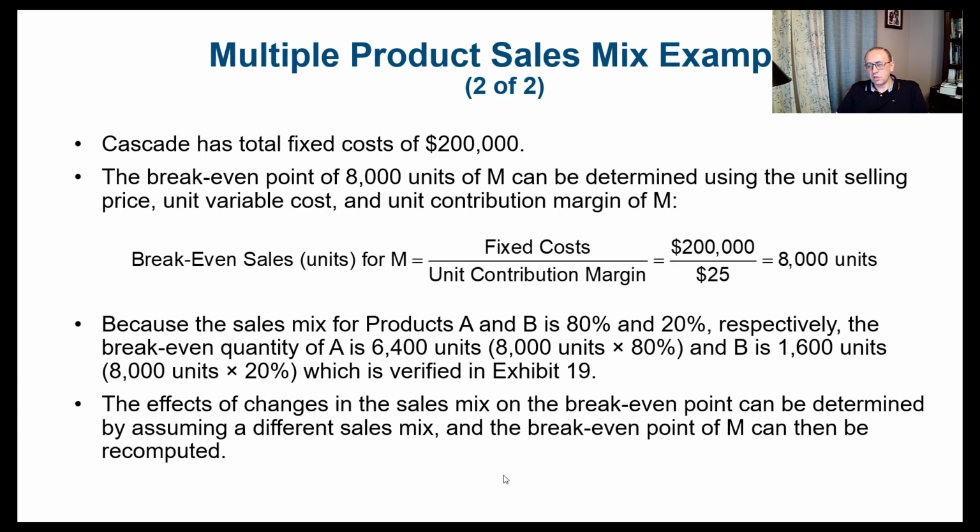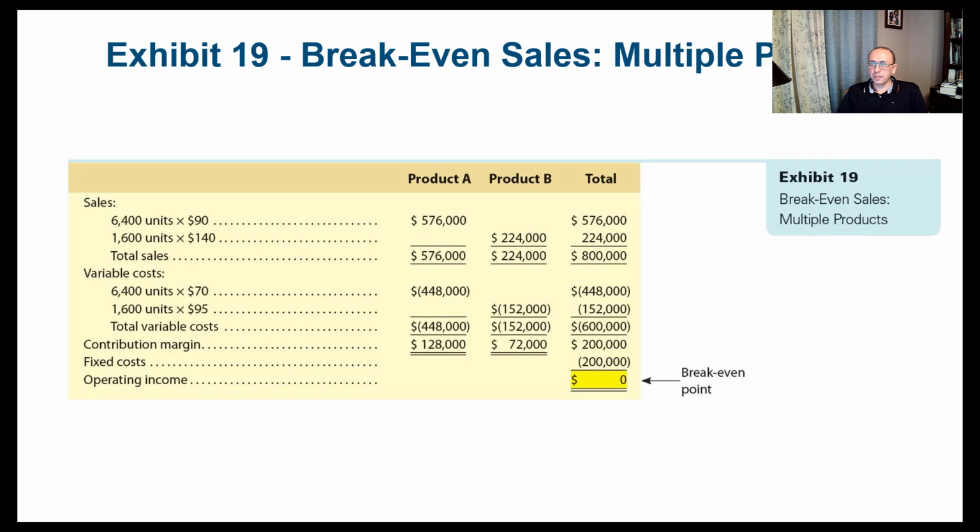The effects of changes in the sales mix on the break-even point can be determined by assuming a different sales mix, and the break-even point can then be recomputed. So here we have product A and product B. We have the 6,400 and the 1,600 multiplied by 90 and 140, and these were our total sales, $800,000.